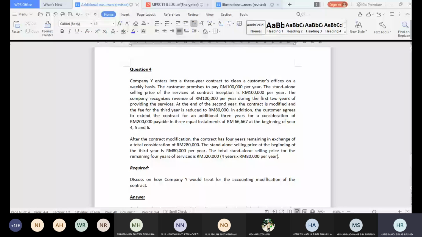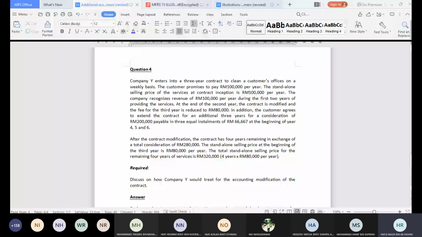If you calculate based on the stand-alone selling price, because now the fee for 1 year of cleaning service is 80,000, and there are 4 remaining years, the third, fourth, fifth, and sixth year, 4 years multiplied by 80,000 should be 320,000.